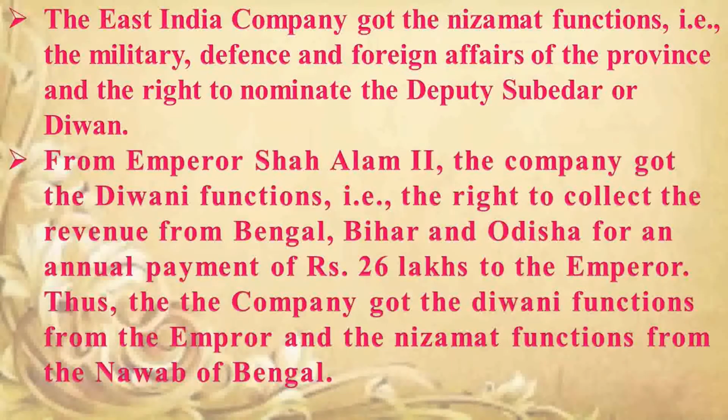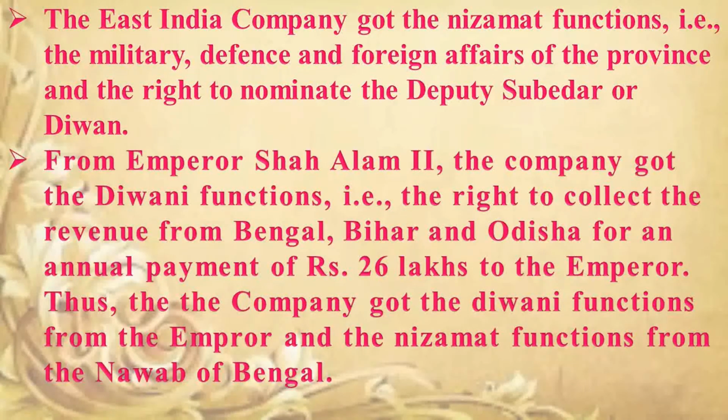The East India Company got the Nizamat functions, that means the military, defense, and foreign affairs of the province, and the right to nominate the Deputy Subedar or Diwan.